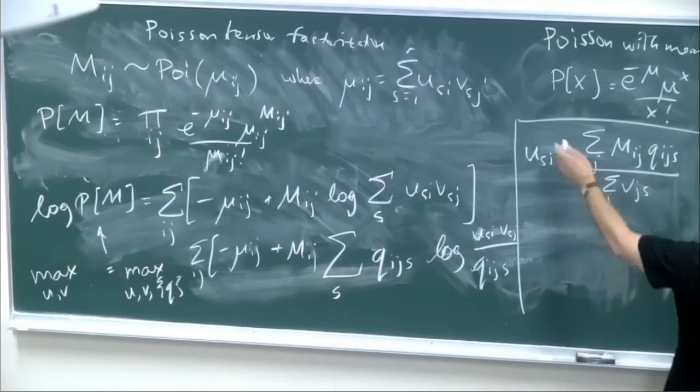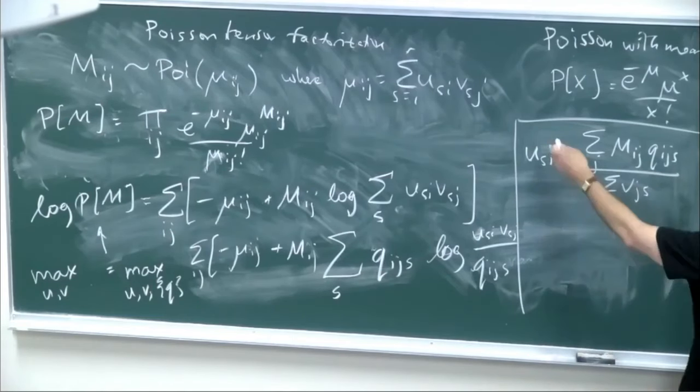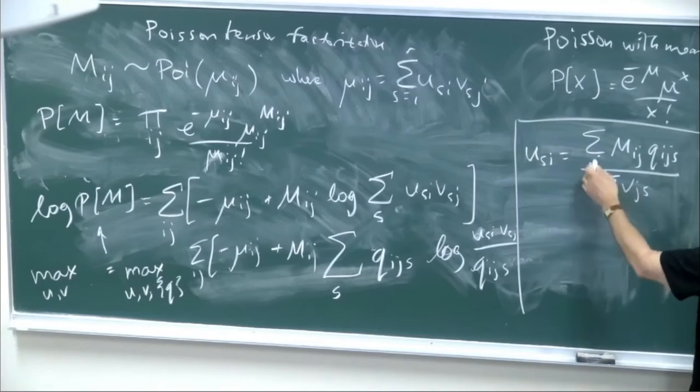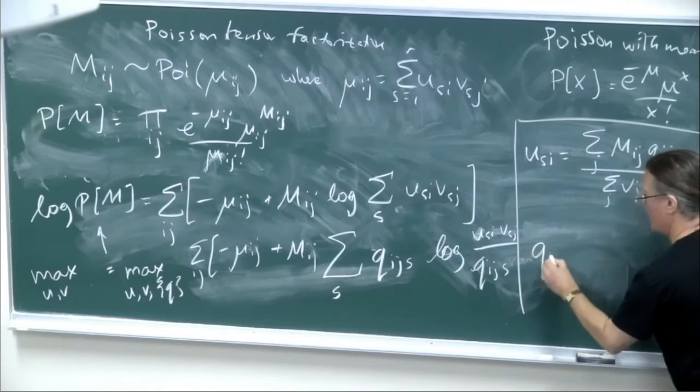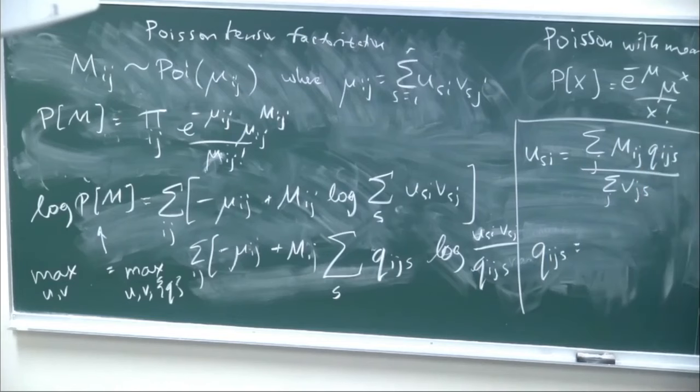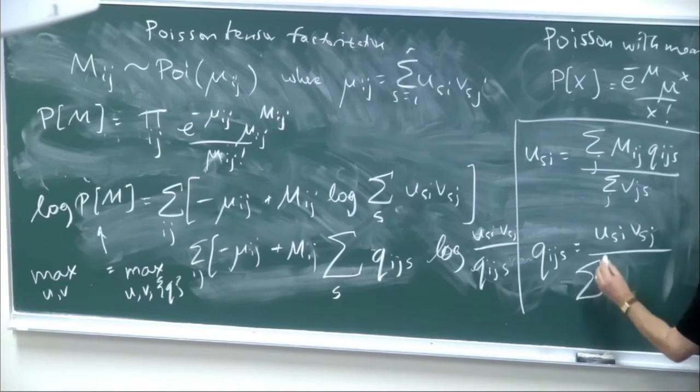So there's a converse equation where we have v's instead of u's and we sum over i instead of j. And then our update equation for the q's is this one, that the correct value of the q's are our current estimates of u and v divided by the sum of those current estimates.